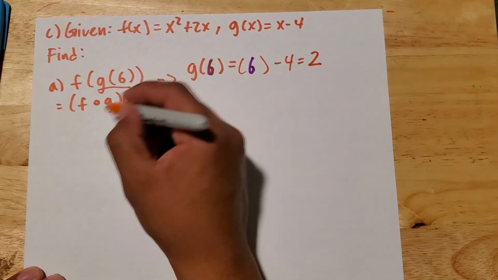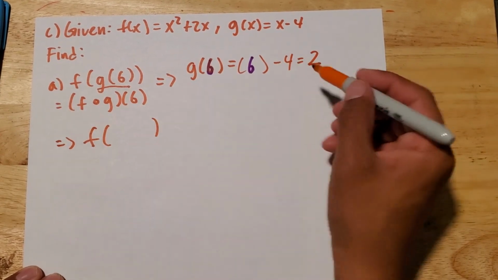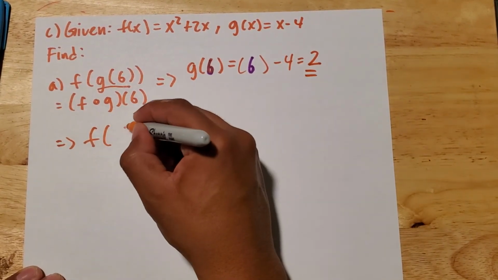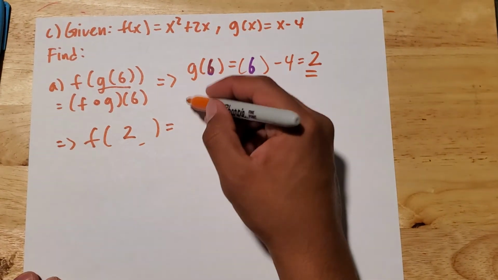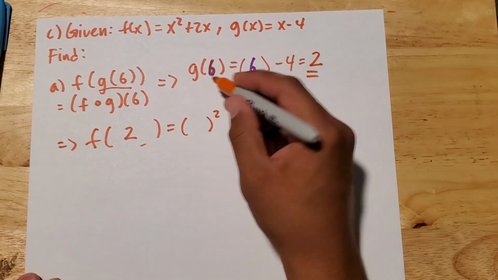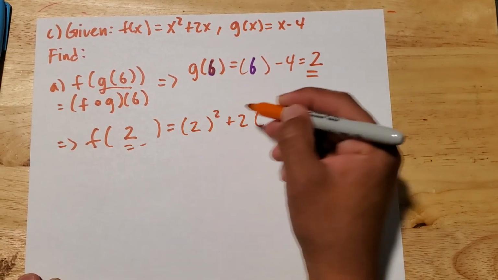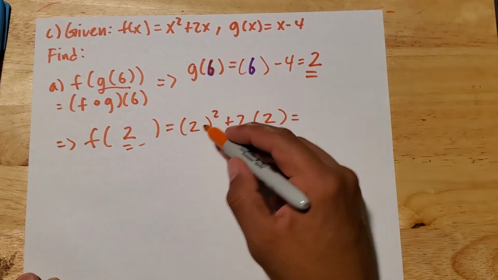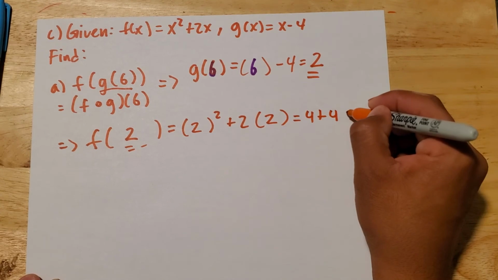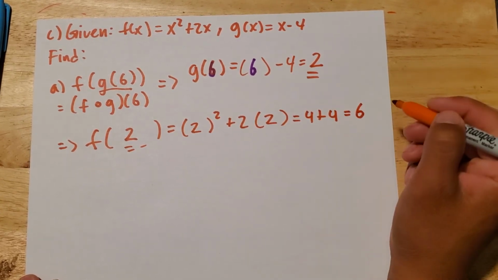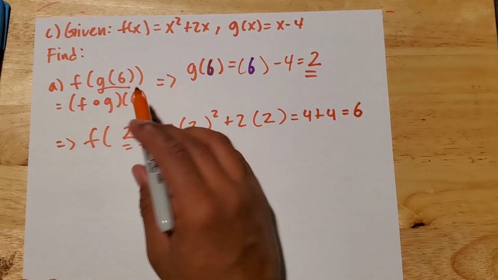Now, when I try doing f of g of 6, I can replace that g of 6 with a 2, and now I'm just doing f of 2, meaning everywhere I have an x for my f of x, I'm going to replace it with this 2. Well, we know 2 squared is 4, plus 2 times 2 is 4, and that's going to be equal to 6.